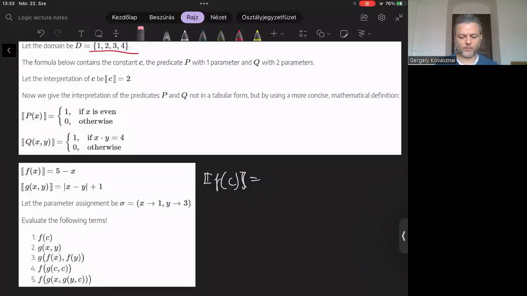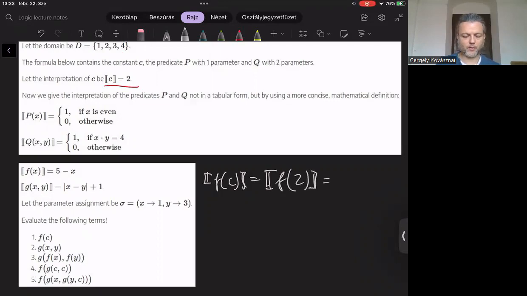So as we can see a little bit up in the exercise, c is evaluated to true in this interpretation. Therefore, we must evaluate f with the parameter 2.